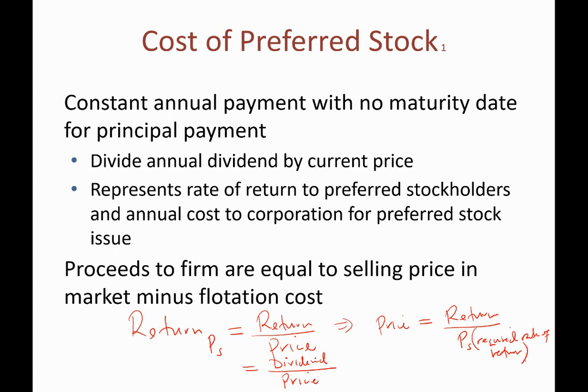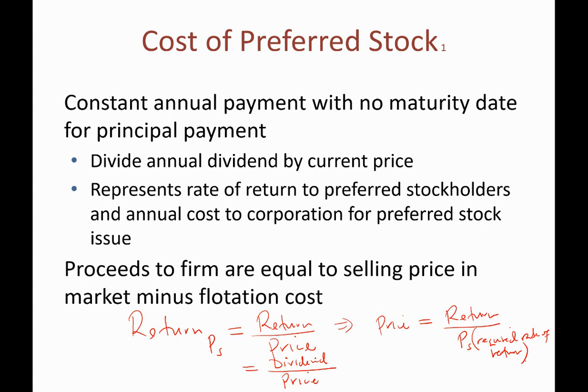So we need to know the selling price, and we need to know how much dividend was given out. Then we can determine our rate by taking the dividend divided by the price, and that will give us the cost of preferred stock.